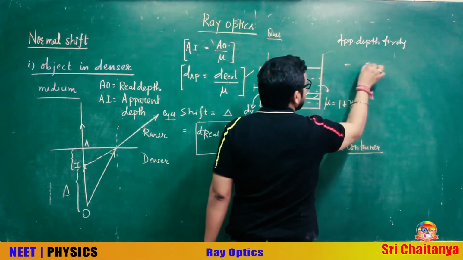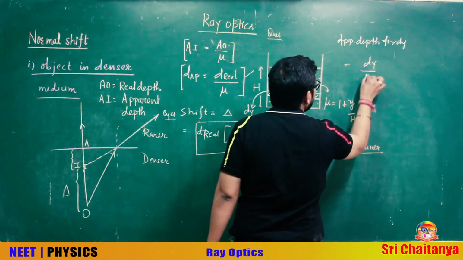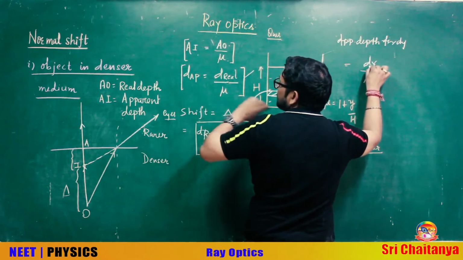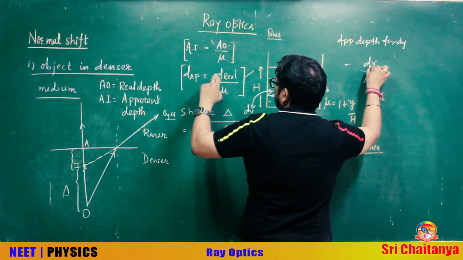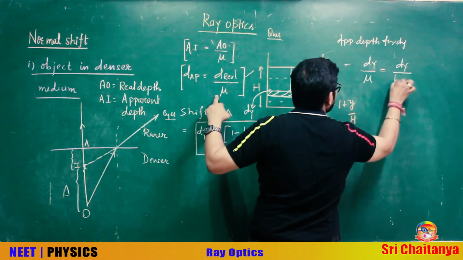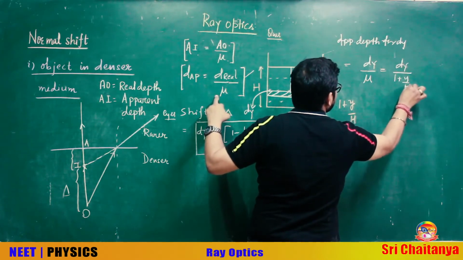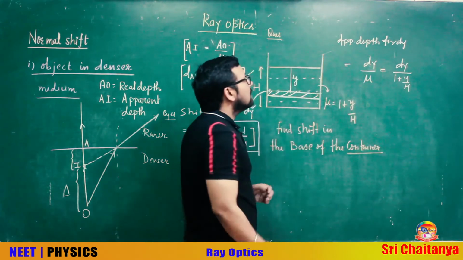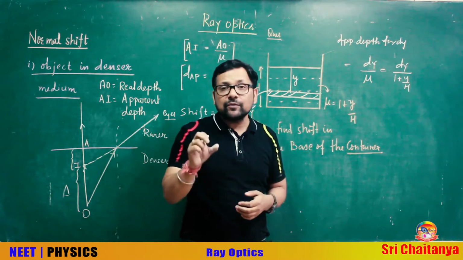That is obviously dy upon the refractive index. Dy is the real differential, small d real, so divided by mu, and the value of mu we can put here as 1 plus y by h. So this is the apparent depth of dy only.